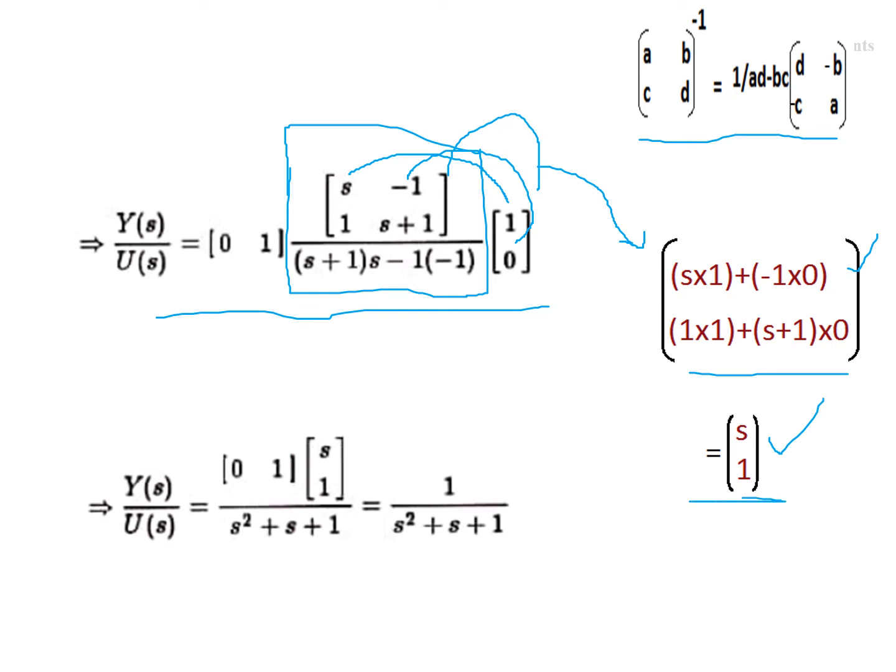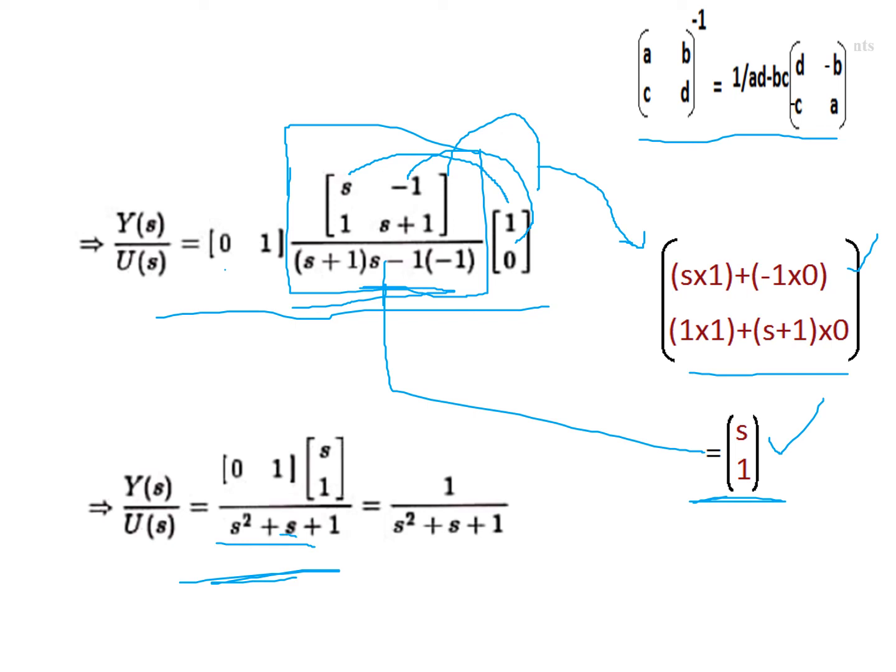After finding this, substitute here: matrix [0 1] times the matrix [s; 1], divided by the simplification of the determinant term, which is s square plus s plus 1.